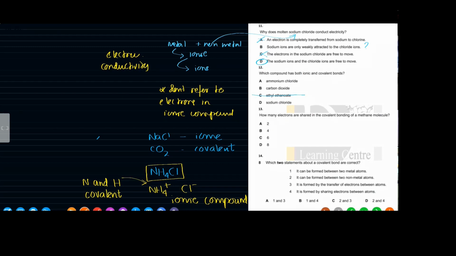So this is a compound which has ionic bonds as well as covalent bonds. You have an ionic bond between the ammonium and chloride ions and covalent bonds between the nitrogen and hydrogen atoms, right?